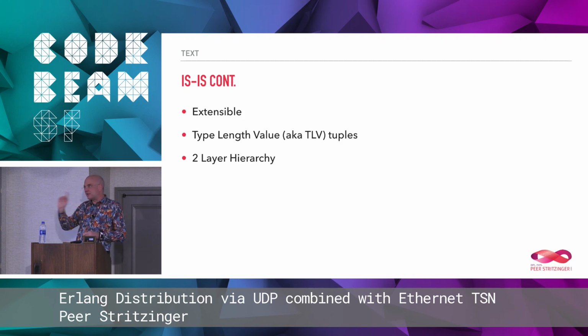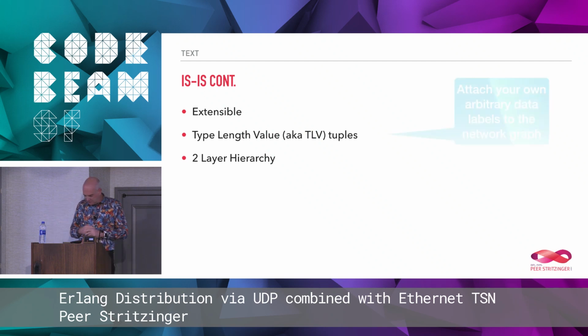It's extensible, and the interesting thing for Erlang distribution here is that if you use the IS-IS layer, which you do for shortest path bridging anyway, you have type-length-value triples, which the whole protocol is made out of, and you can add your own. So you can add your own data types with an arbitrary length.